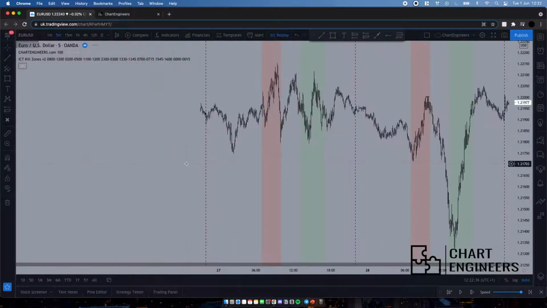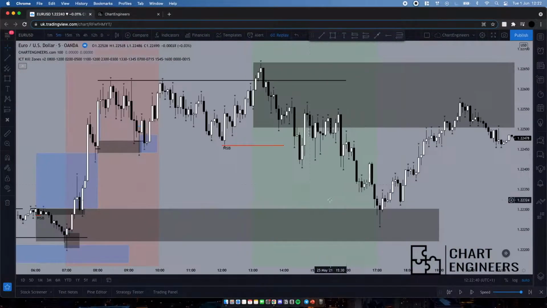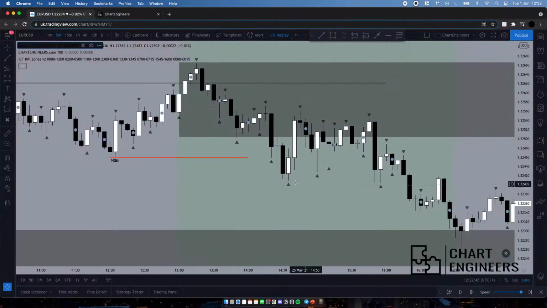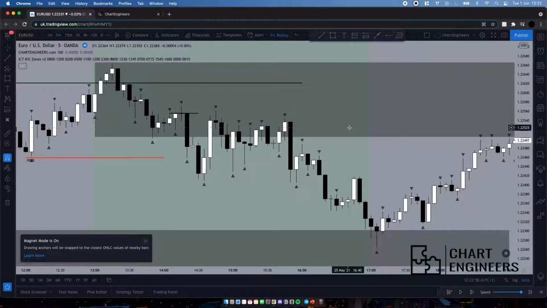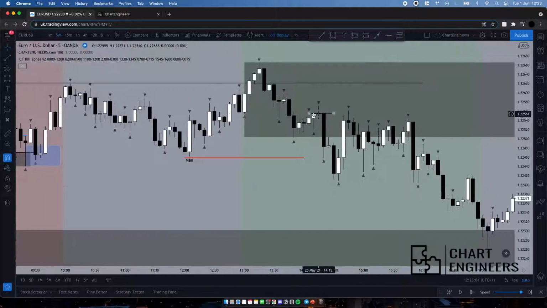So let's just see if there's any short setups on the Tuesday. We have this M5 raid over here. No raid here, no raid here. Yeah, so this is the only M5 raid to the top side.